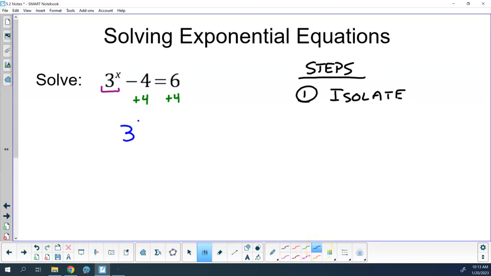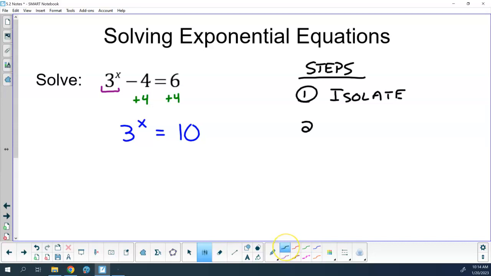That then gives me 3 to the x power equals 10. Agreed? Okay. I have now isolated either my exponent term or my log term. So step number 1 is done.